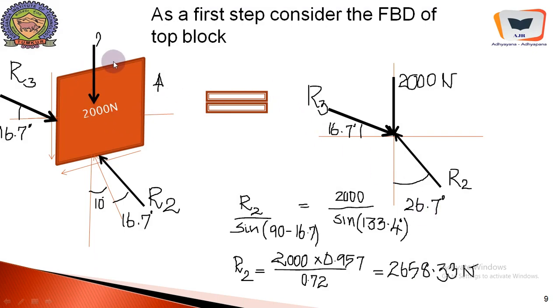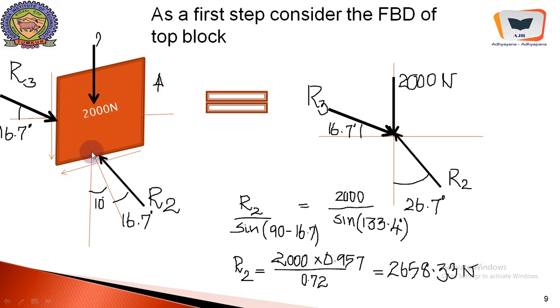Now the free body diagram of the top block is written, and here is the weight, that is 2000 Newton, and here is the frictional force which is opposing the upward movement. This is the frictional force offered by the vertical wall, and this is the normal reaction offered by the vertical wall, and the resultant of this normal reaction and the frictional force is R3.